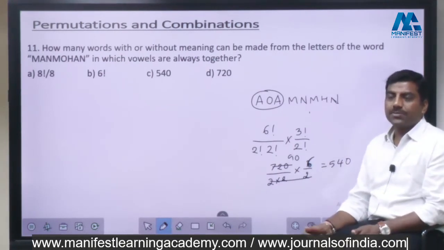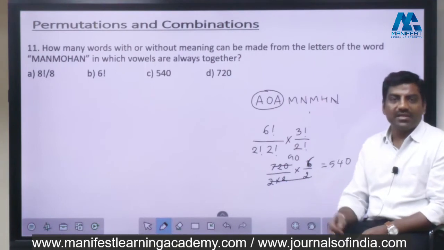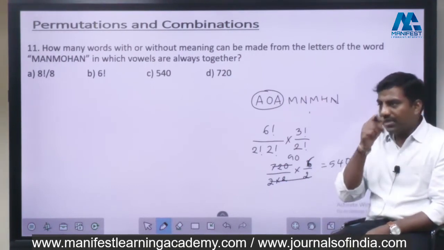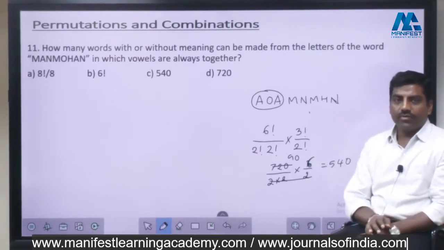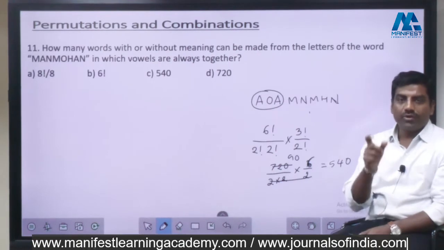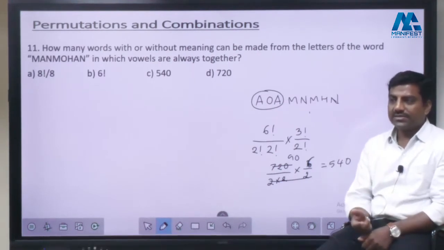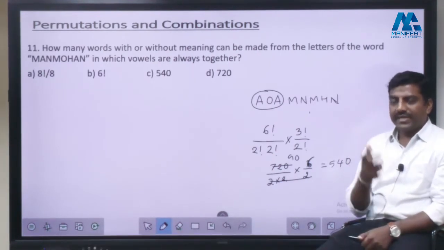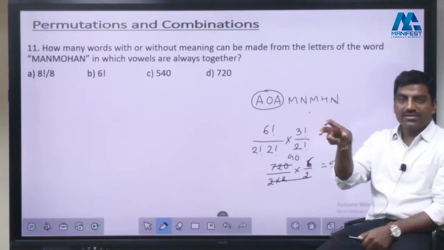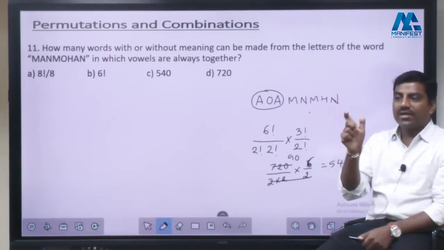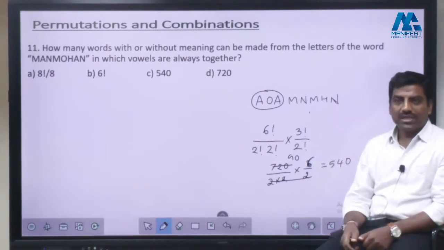So it depends upon conditions. The conditions can be anything. It depends from problem to problem. But overall, whatever condition they give, you have to treat it as 1 unit. Then other things, you treat as other units, take the total number of units, divide by repetitions, and go inside that unit and look at the number of permutations. Done? Yeah.